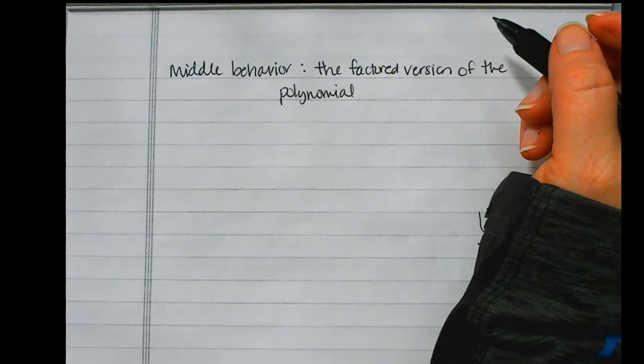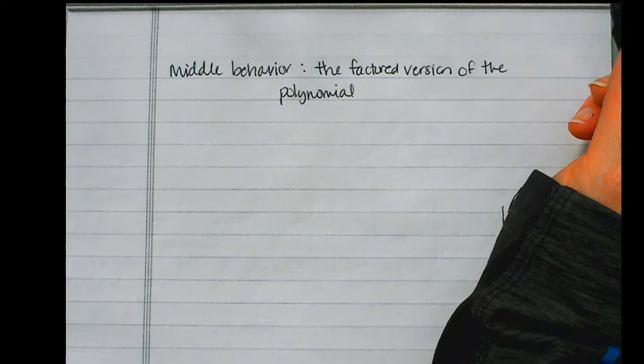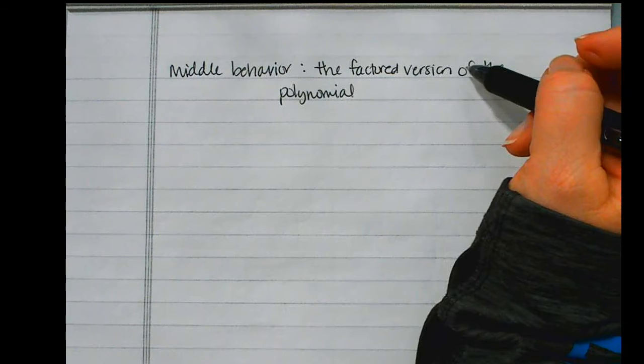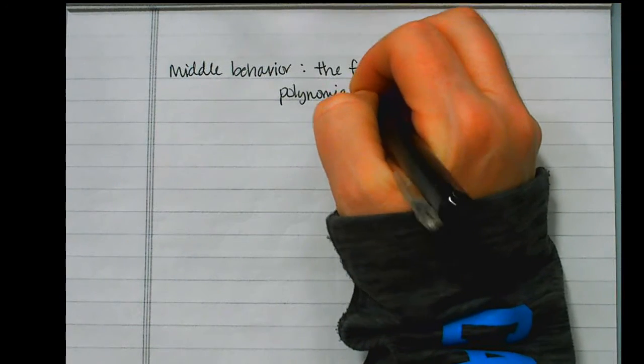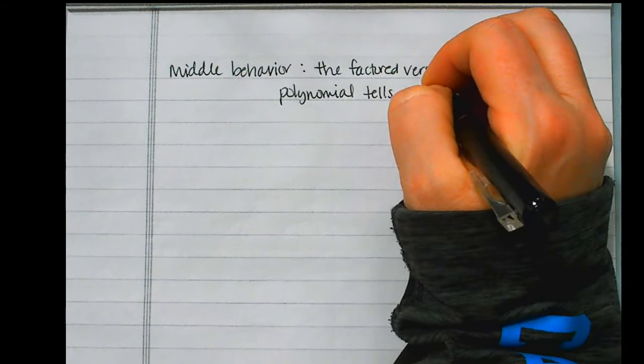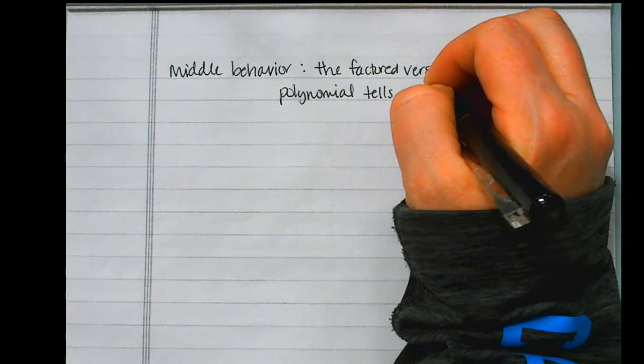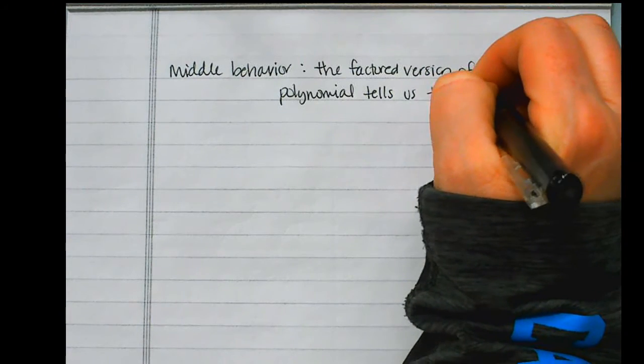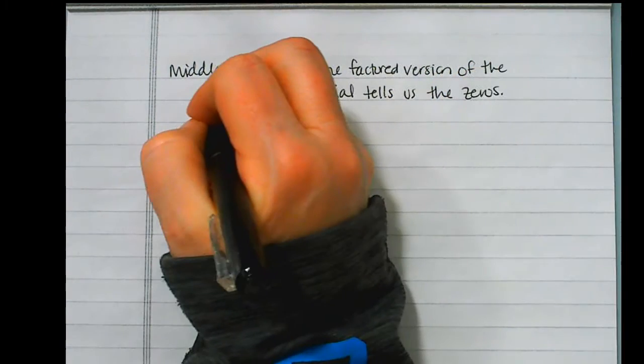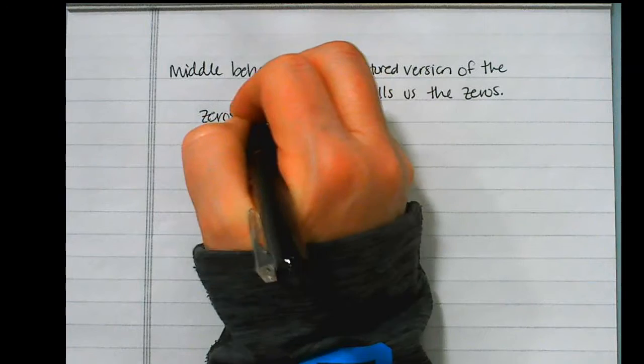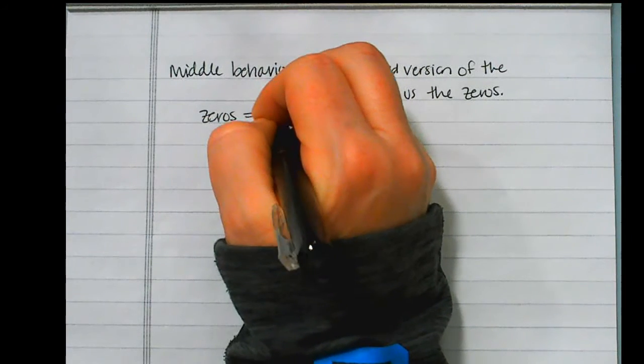We spend a lot of time in this class factoring, and this is where it becomes useful. The factored version of the polynomial tells us about middle behavior. It tells us the zeros. And zeros equal the x-intercept.